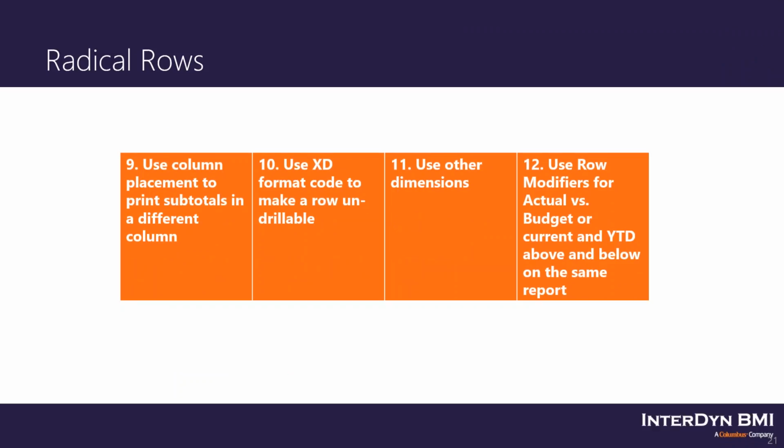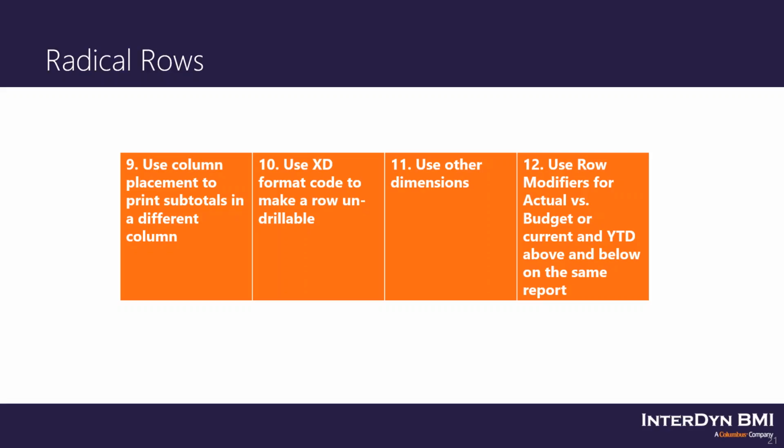All right, the next one is radical rows, and this is going to talk about maybe being able to create a tabular type balance sheet if you wanted to put certain totals in certain columns, and being able to use the XD format code to make a row undrillable. So let's say you ran a report and you made it so that you can drill onto the account level, but there's certain rows that you don't want people to be able to drill into.